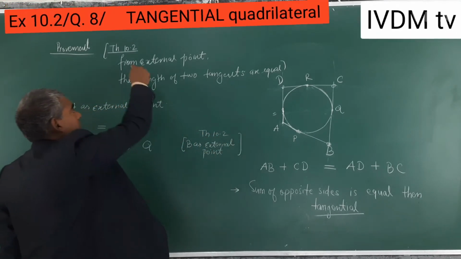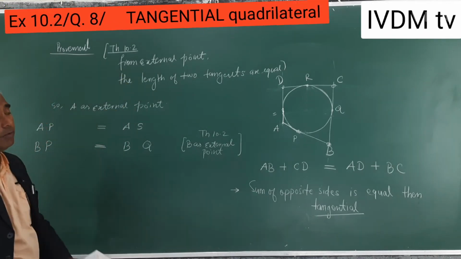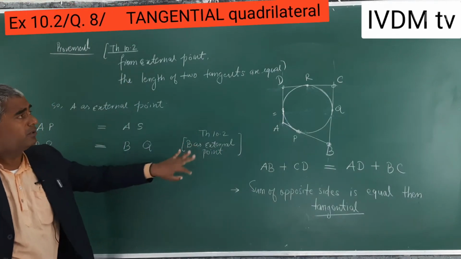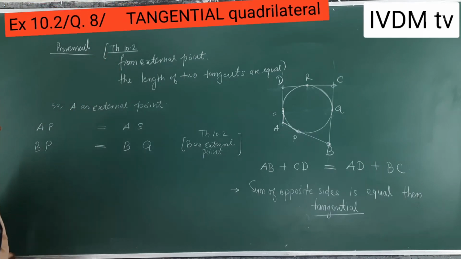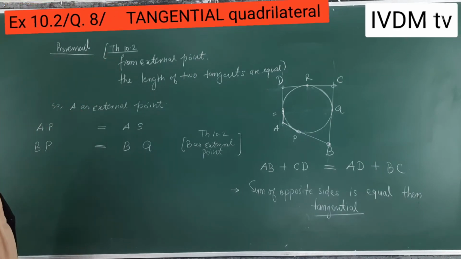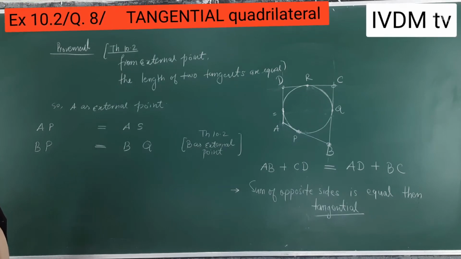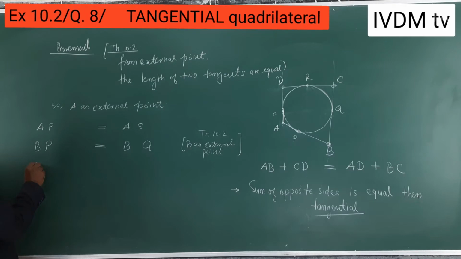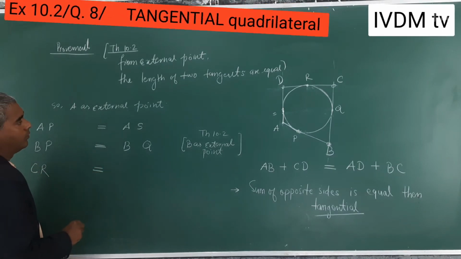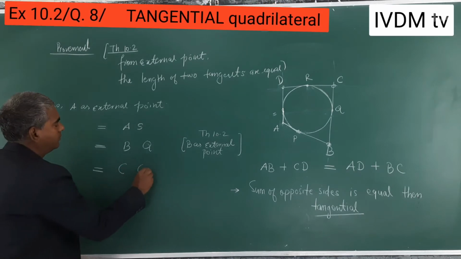Once you have written theorem 10.2, there is no need to write 10.2 everywhere. After that, C as external point. So that is CR is equal to CQ.